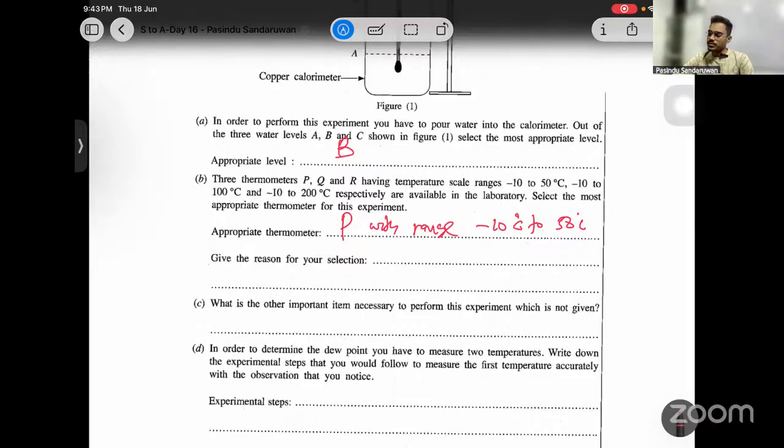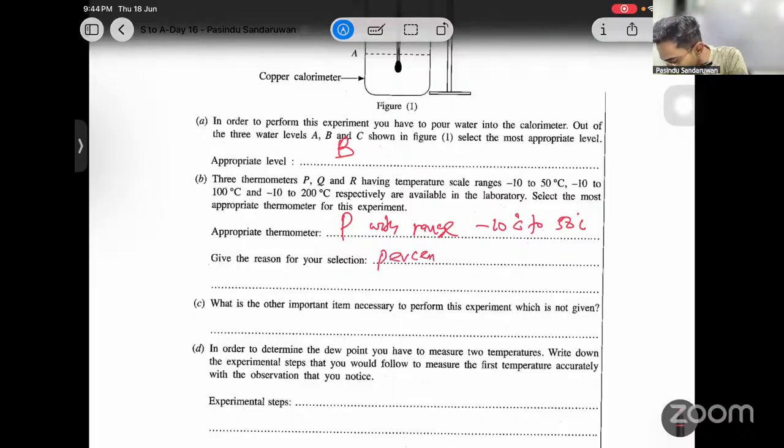So we know if we go with a longer, lengthier thermometer, when you measure small temperature using a long thermometer, percentage errors are higher. Percentage error of the temperature measurement is higher. Percentage errors are higher because their least count is higher. Give the reason.